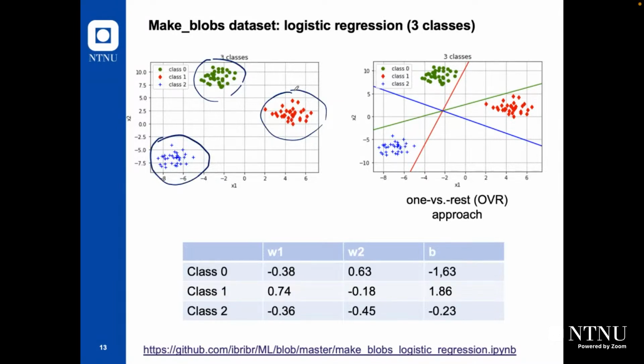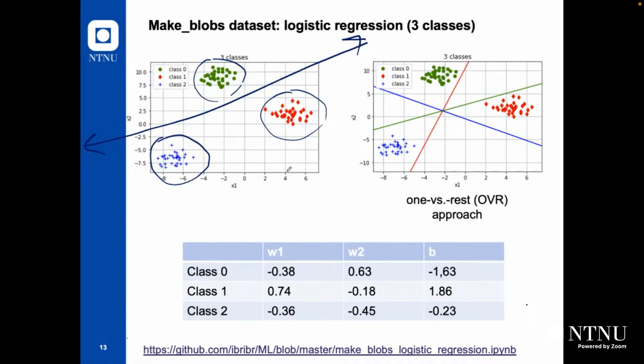So for example, we need to get a model. I will draw it, so for example, if I need to classify the green one, right? So I need to draw a line like this one, correct? So this one will classify class 1. So this one will classify the green one against the rest.